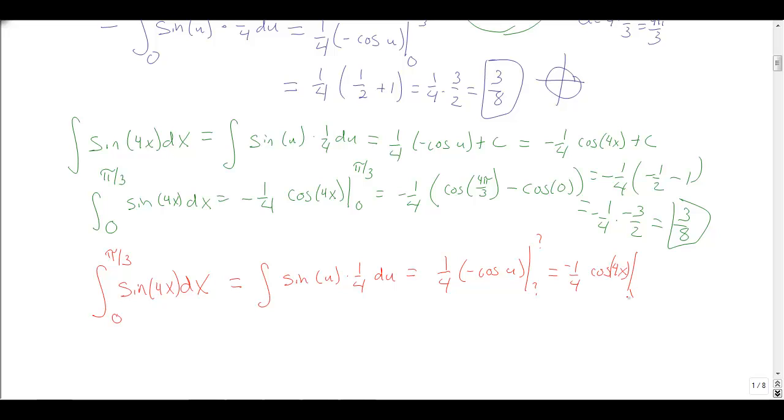And then my x goes from 0 to pi over 3. So I go and pull these bounds out here. Essentially what I'm doing in this method in green is I found my antiderivative in terms of u, converted back to x. So this part, maybe here, is essentially just this part here, and then I plugged in.